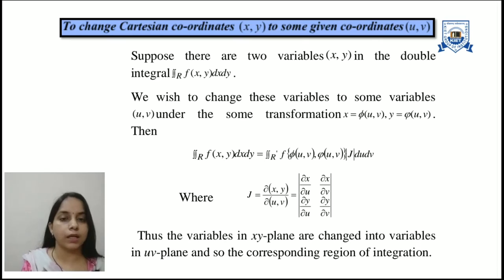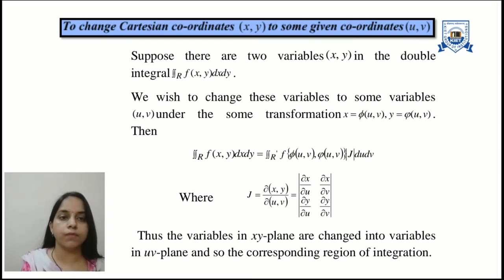To change Cartesian coordinates x, y to some given coordinates u and v: suppose we have two variables x and y in the xy plane, and we have the double integration of f(x,y) dx dy over the region R, and we wish to change these variables in the uv plane under the transformation x equals phi(u,v) and y equals psi(u,v).